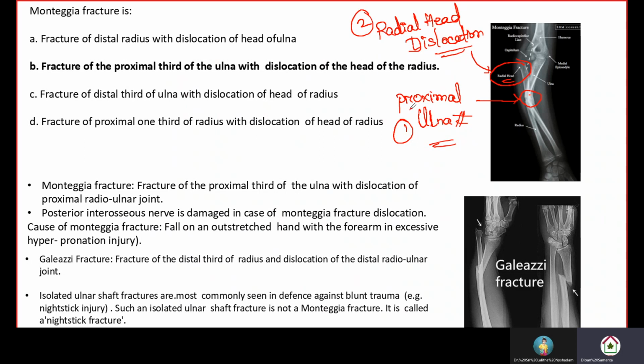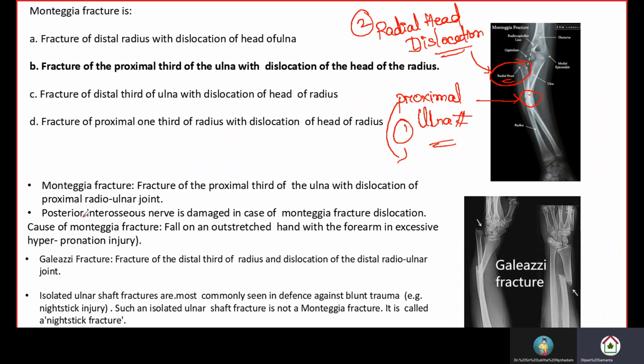And proximal third means, if we divide the ulna into three parts, the first part from the proximal. So Monteggia fracture, as we started, is fracture of the proximal third of the ulna with dislocation of the proximal radioulnar joint.